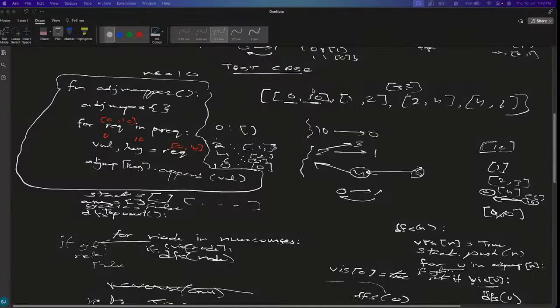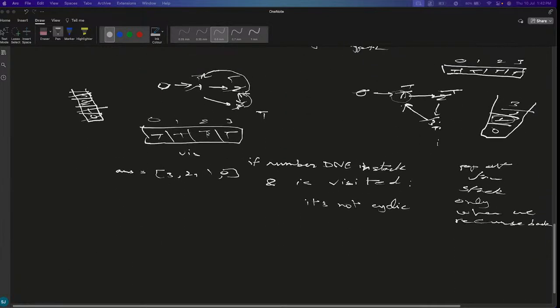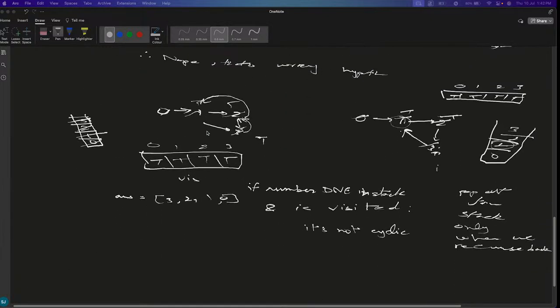Wait, hold on. Do we ever have to pop out 0, 1, 2, 3? This will go 3, 2, 1. Let's say it finishes 3. It goes back and then it recurses back.